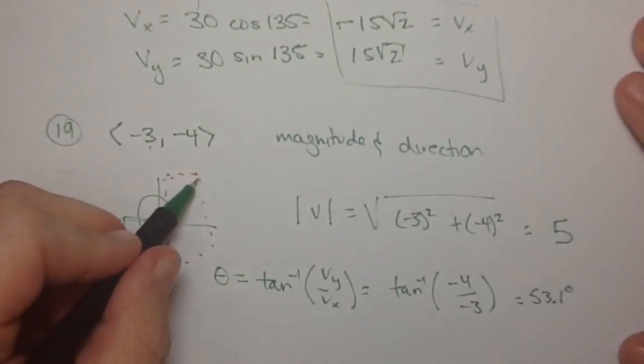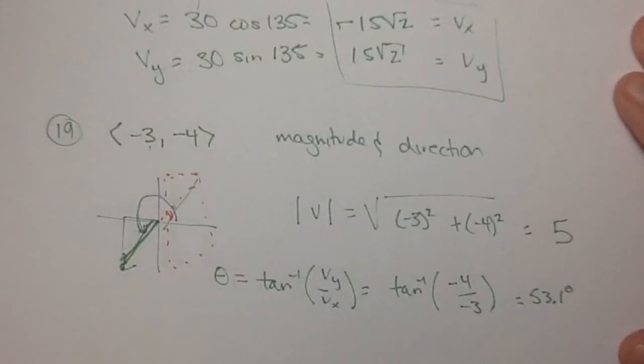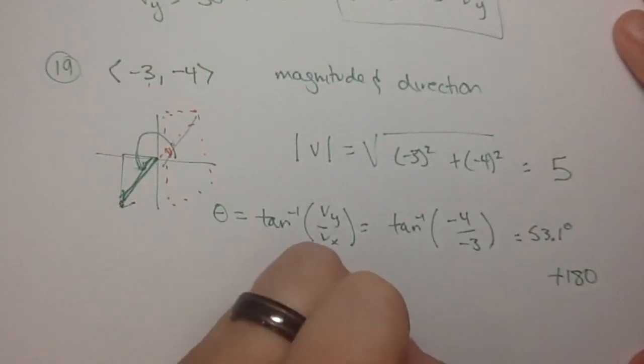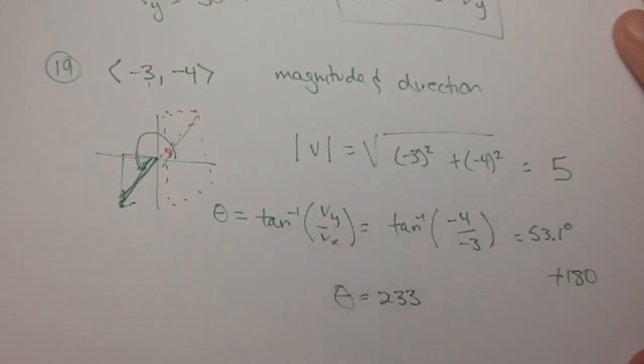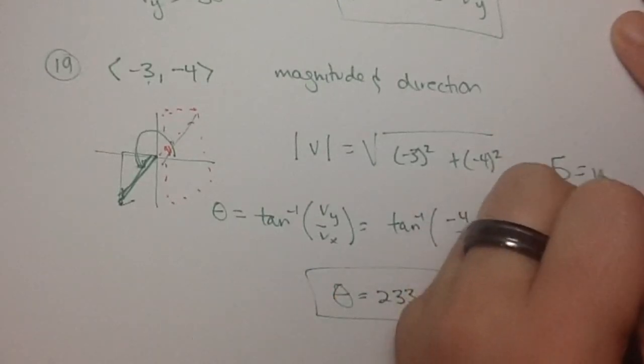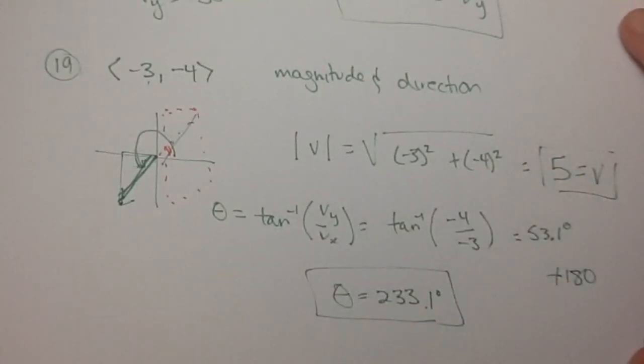So whatever our calculator gives us, we have to add 180. So theta then is 233.1 degrees. Okay, so this is how you go from components to length and direction.